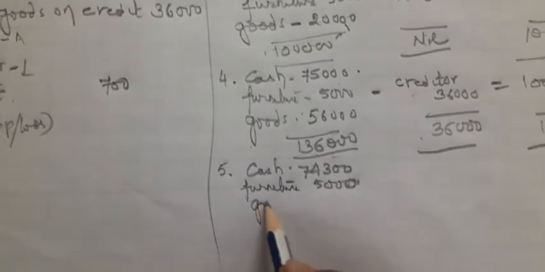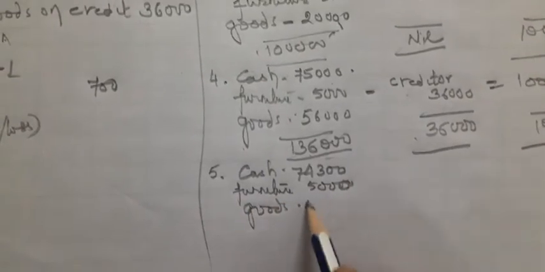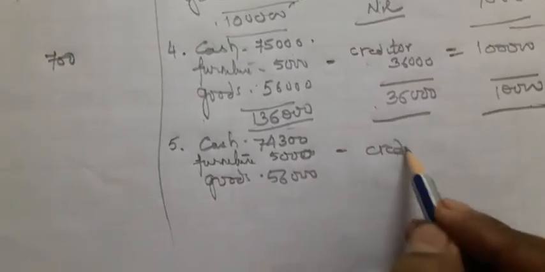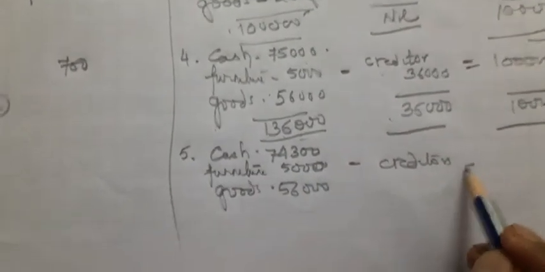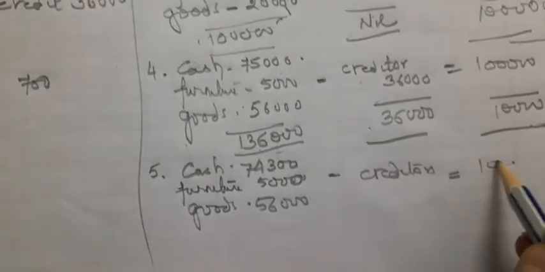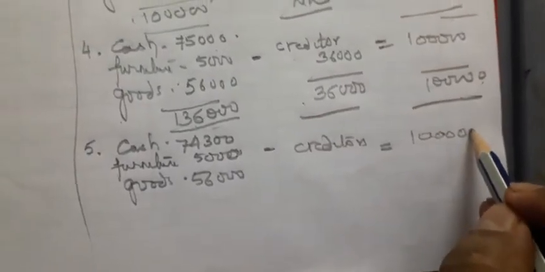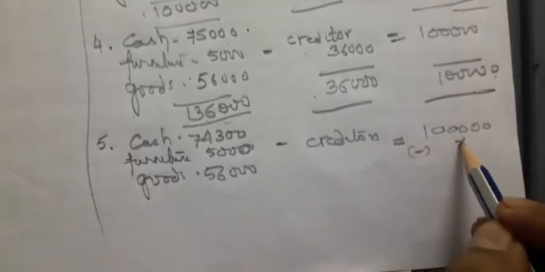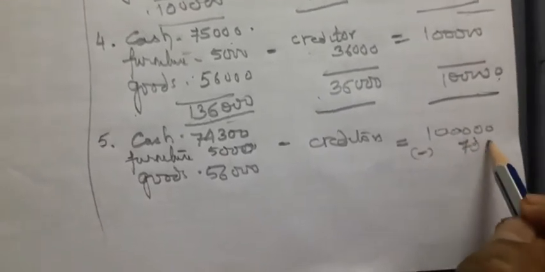There's no change in goods. No change in creditors. And capital, which was 1 lakh, will reduce by 700 rupees because of expense.